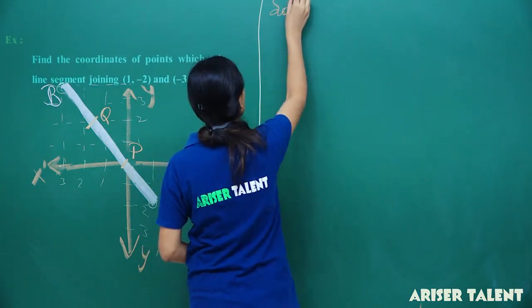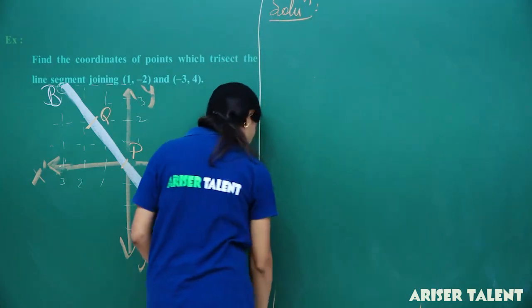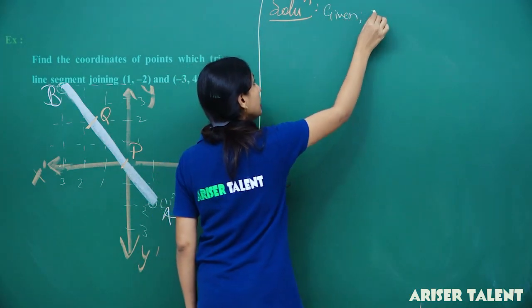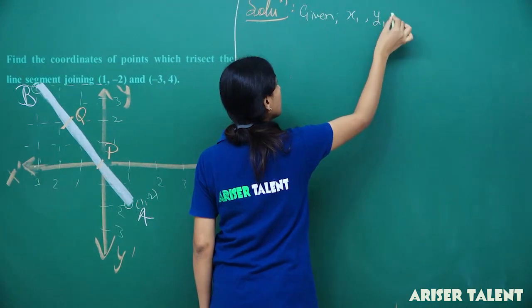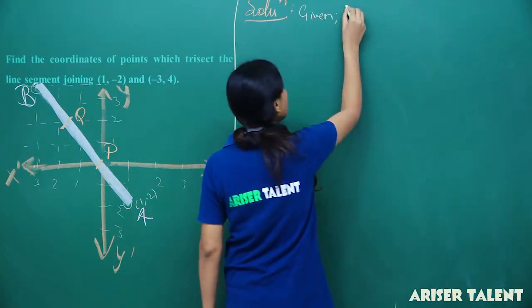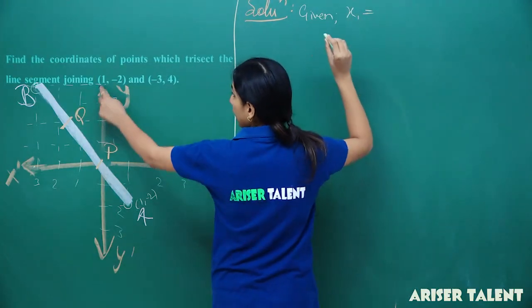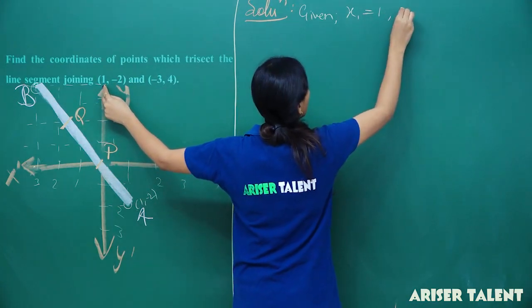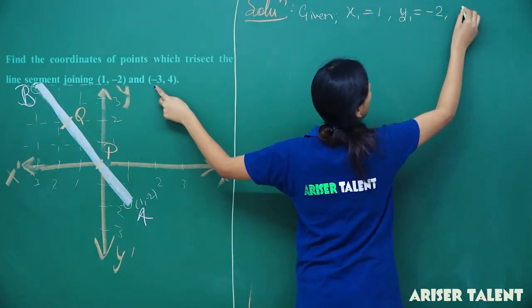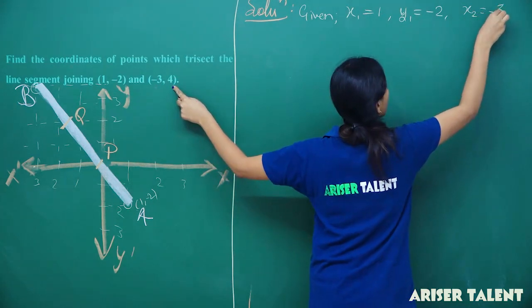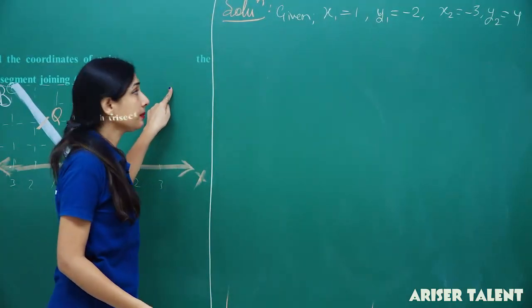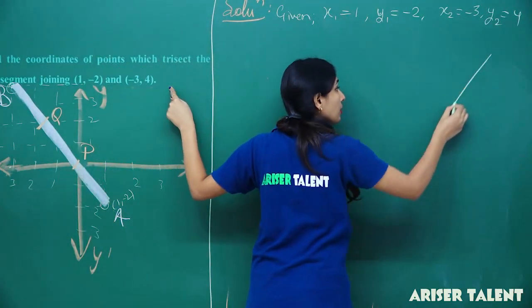Here's the solution part, students. You are given x1 equals 1, y1 equals -2, and x2 equals -3 and y2 equals 4. Now, case 1.